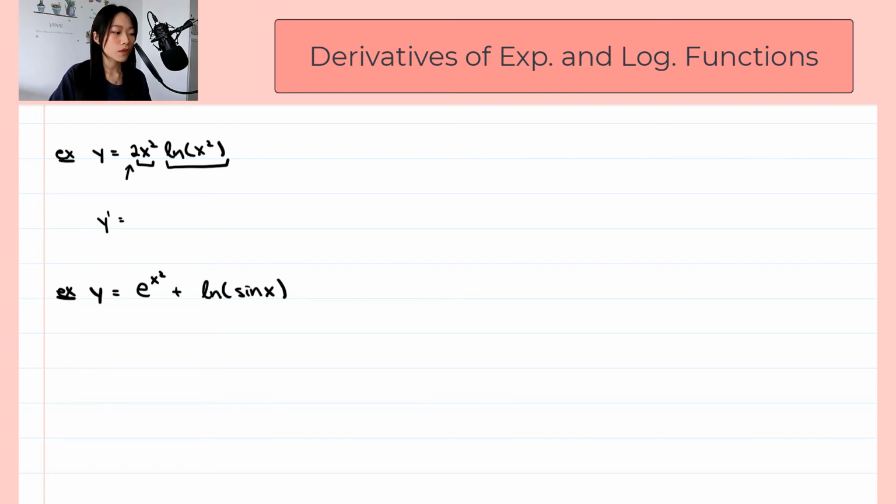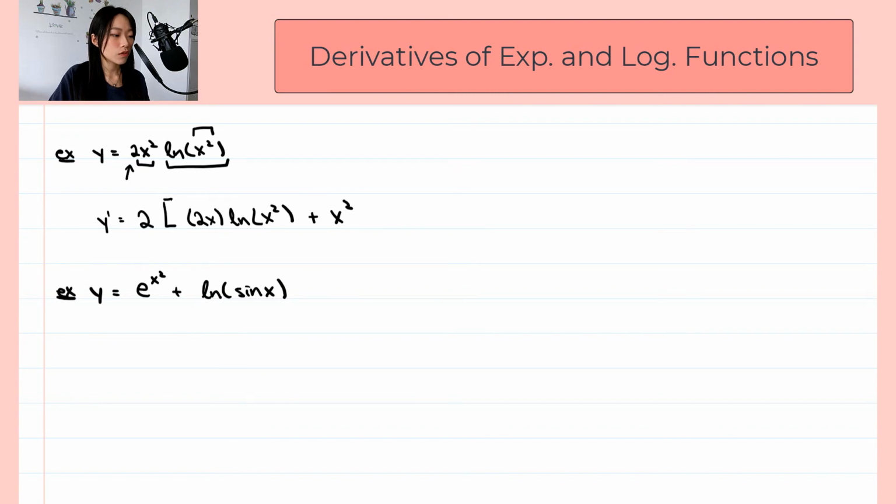So y prime equals 2, the constant, times, here we'll use the product rule. The derivative of the first function, which is 2x, then times the second function, ln of x squared, plus the first function, x squared, times the derivative of the second function. And the second function is ln of an inside function, x squared. So to find its derivative, we need to use the chain rule.